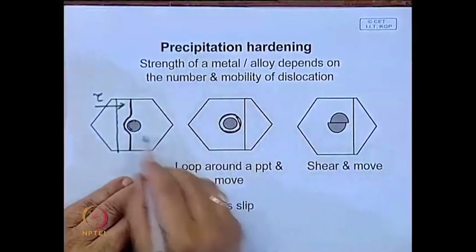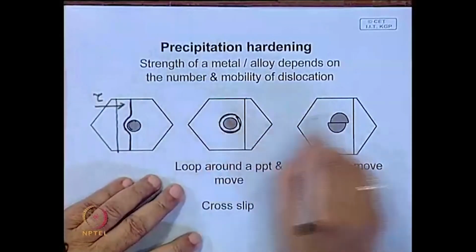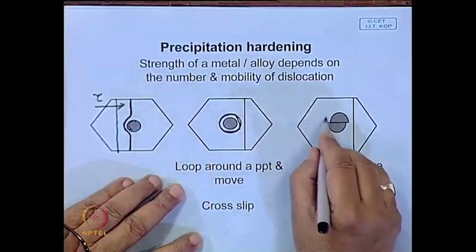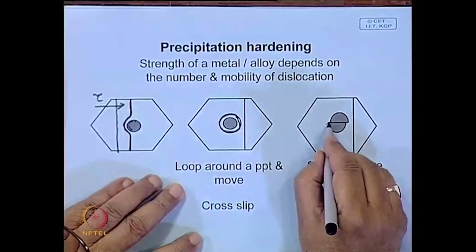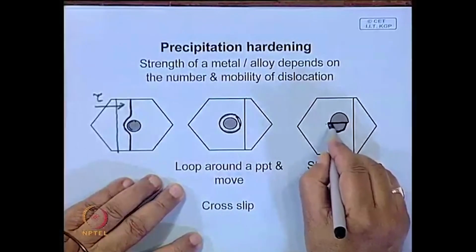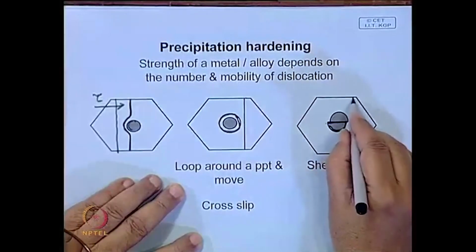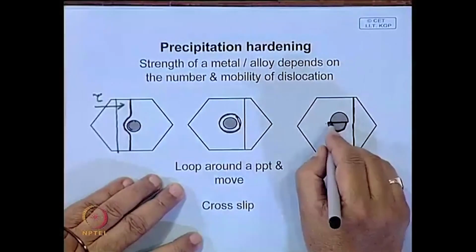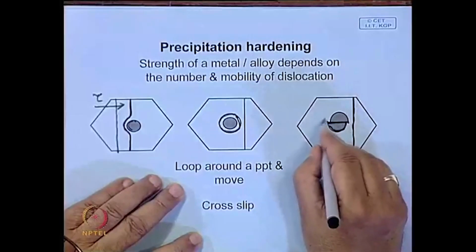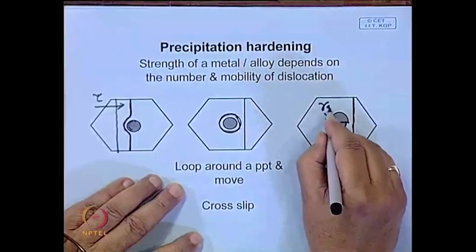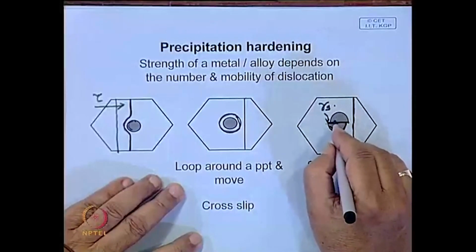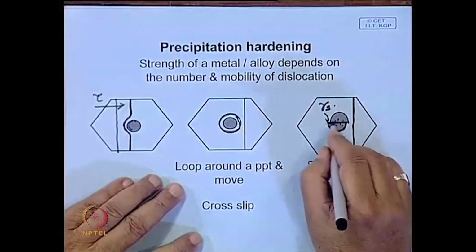Another possible way is, if this is the precipitate, you apply stress, and this stress is sufficient to fracture or shear the precipitate. This is how the precipitate has been sheared, and the dislocation moves here. So, what happens after shearing? Some additional area, with some surface energy, is being created. Secondly, if the precipitate had some ordered structure, that order is disturbed.